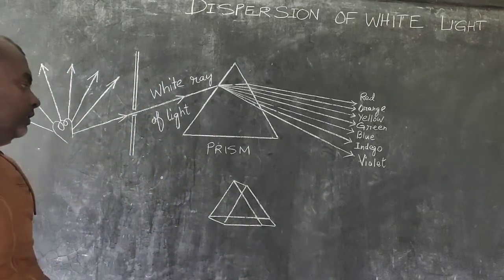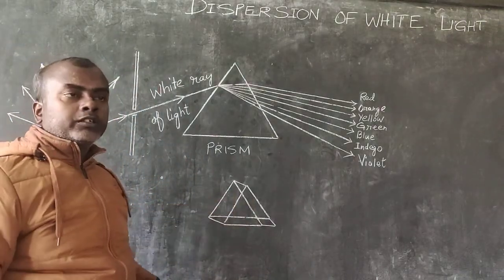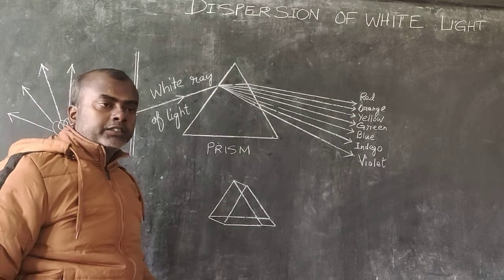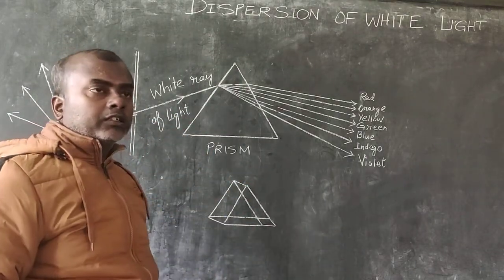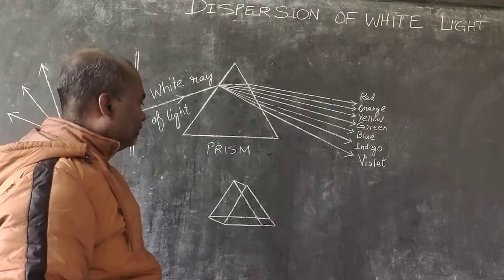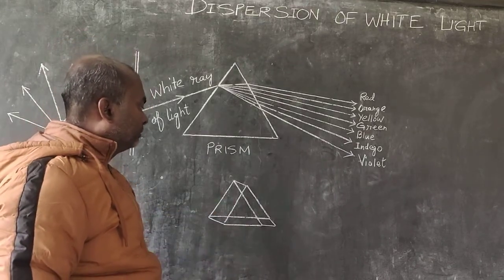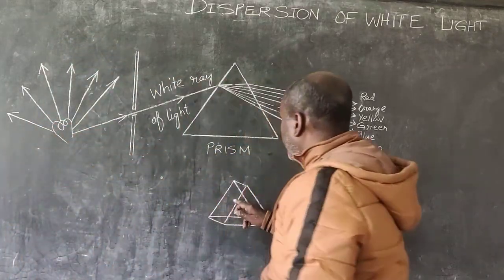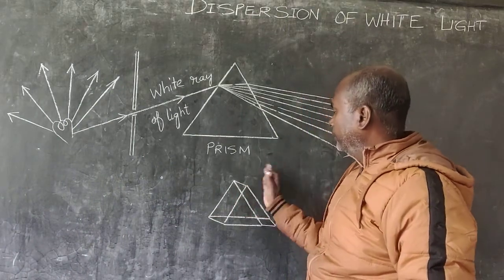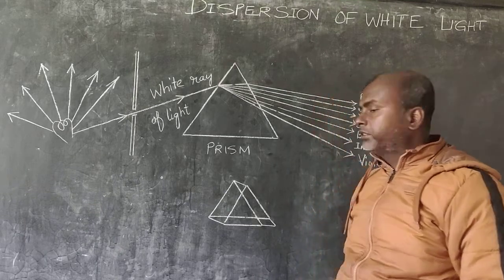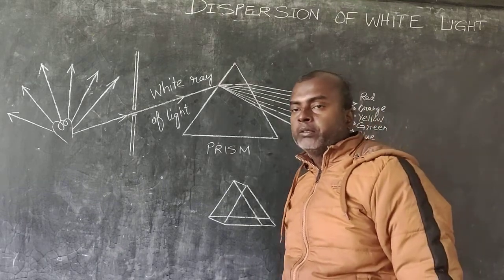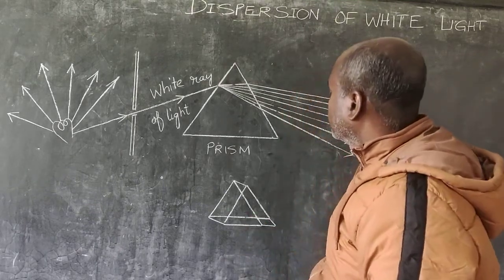There are 3 rectangular glass pieces, arranged touching each other at the tip. So 3 rectangular glass pieces from the side and 2 triangular glasses on the front and the back. This is a prism. When it is shown in a 3-dimensional figure, it will look somewhat like this.